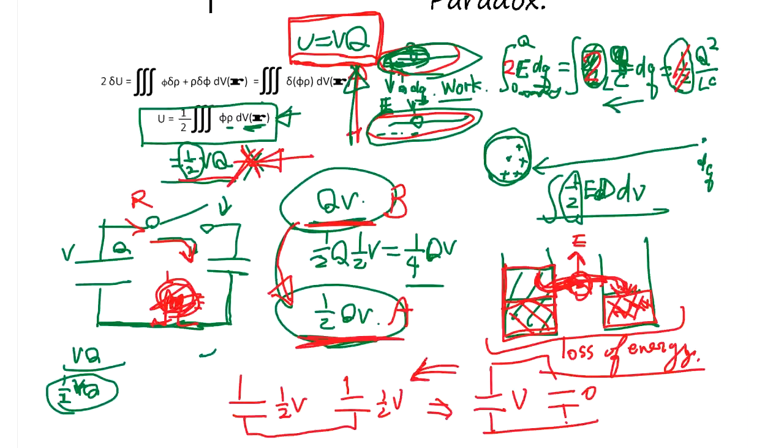This can be done in one direction. The other direction cannot be done. It's not reversible because energy is spent somewhere: friction for the water, thermal energy, the heat generated by resistance in the conductor, whatever.